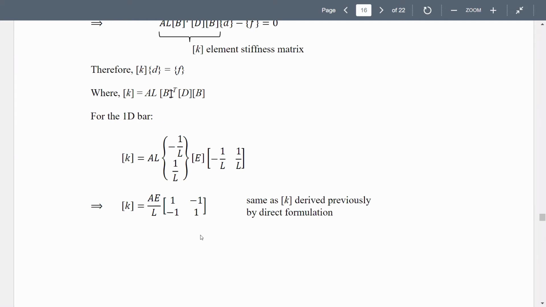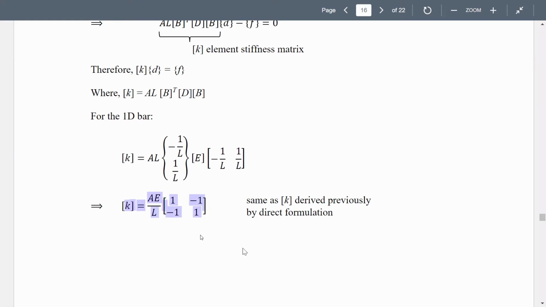D is our material matrix, the modulus of elasticity. And this B again is our B. That's it. If we multiply these terms, we get this.